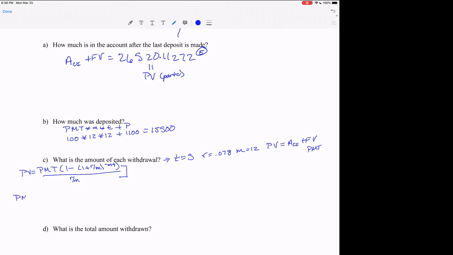So payment equals PV times R over M divided by 1 minus 1 plus R over M to the negative MT. So this PV is from up here, this value right here. That was what I stored as E.